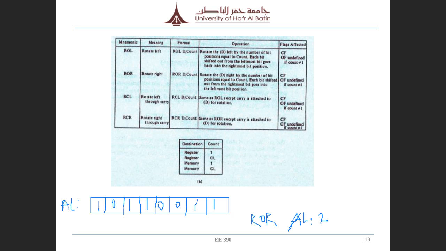We start from the MSB bit. For the 2-bit rotation, this one will move 2 bits, 1, 2. It moves from here for 1-bit rotation, and then the 2-bit. Then this 0 will come up here, and then this 1, and then this 1.